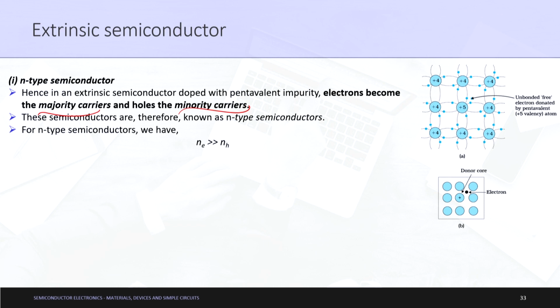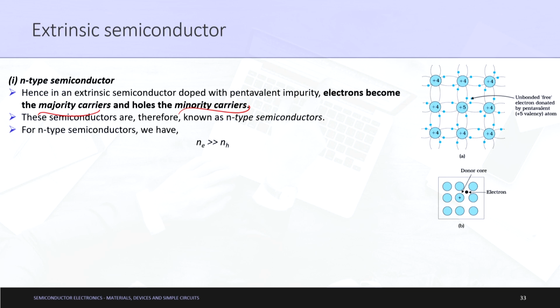Because the conduction by electrons, that is the value of Ne, is due to two types. One is intrinsic semiconduction: due to an increase in temperature, electrons are excited from the covalent bonds out of the lattice structure, and because those are free electrons, they can move from one place to another and hence there will be conduction.